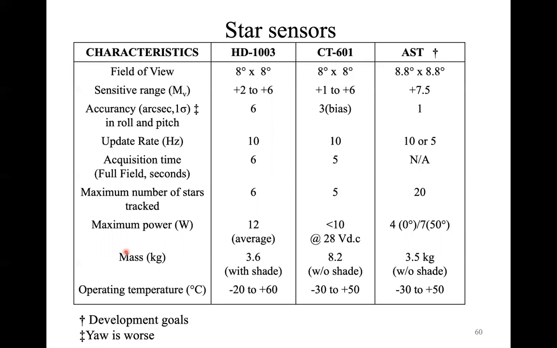The first property is the field of view. It is the portion of the sky that you are going to look at from your instrument. The field of view is directly related to the resolution that you're going to have, because the combination of the number of pixels on your CCD and the field of view gives you the possible accuracy of the attitude.